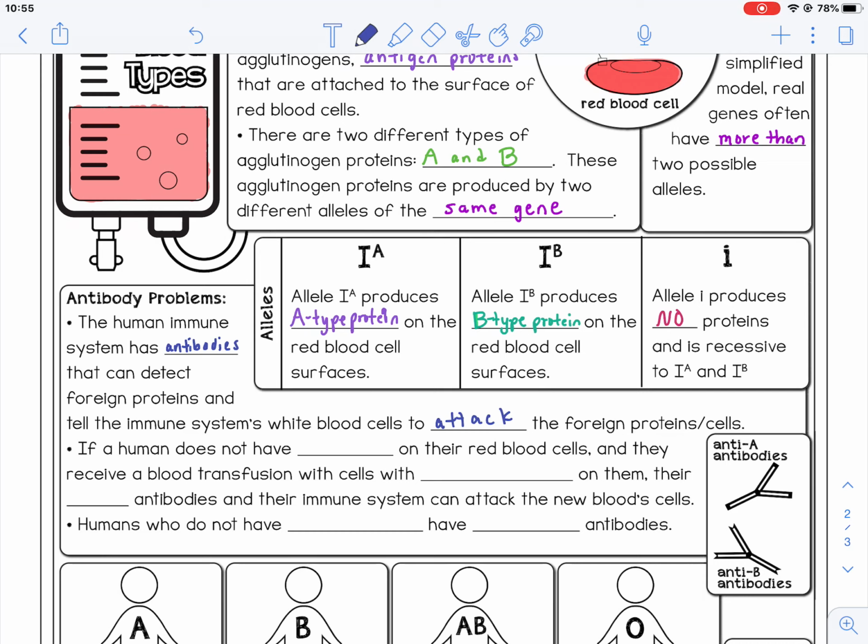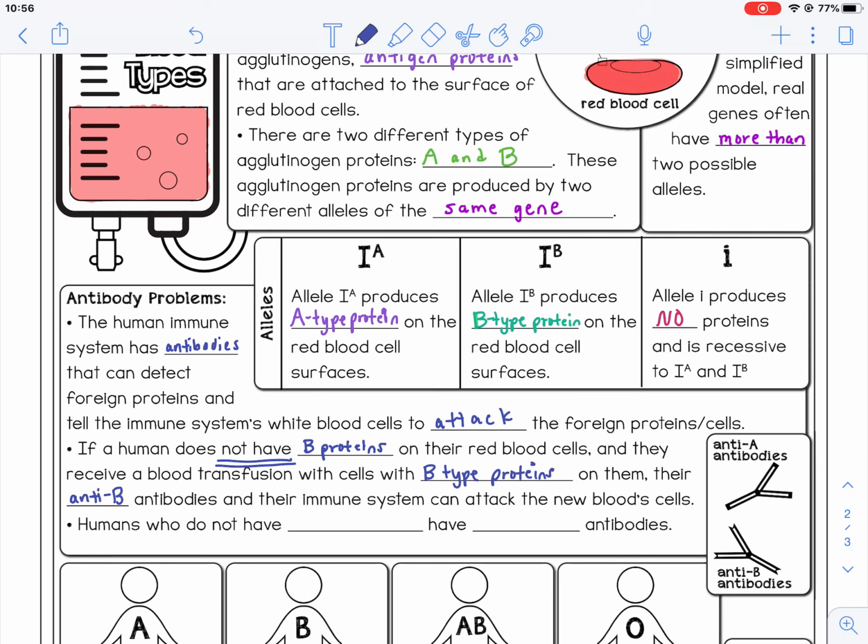So if a person does not have B proteins on their red blood cells, and they receive a blood transfusion with cells that have B-type proteins, then their anti-B antibodies and their immune system can attack the new blood cells.